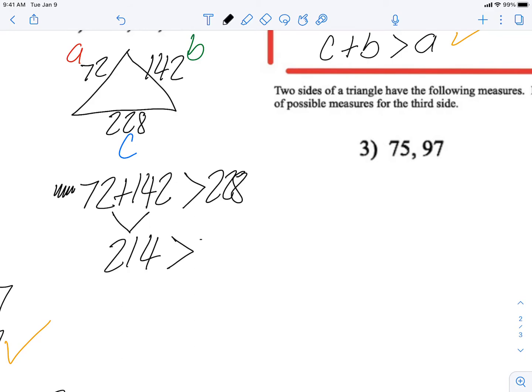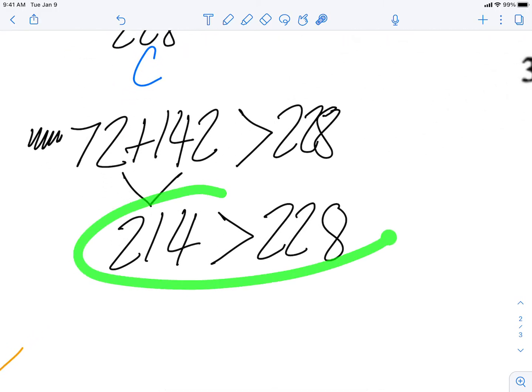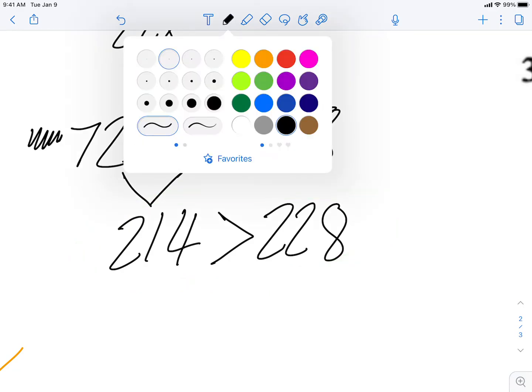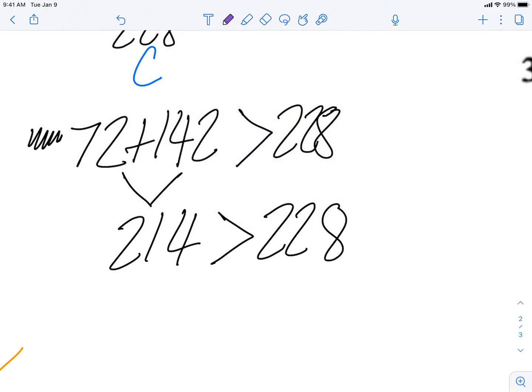Now, is 214, kiddos, greater than 228? Of course it's not. It is not greater than 228. And I'm not going to get 3 checks because the first check just failed.